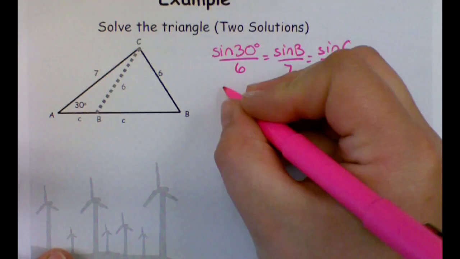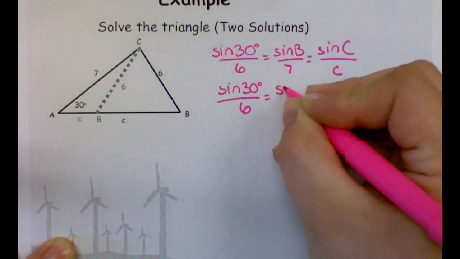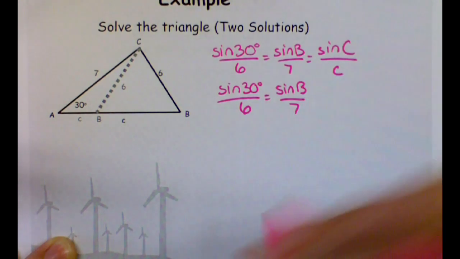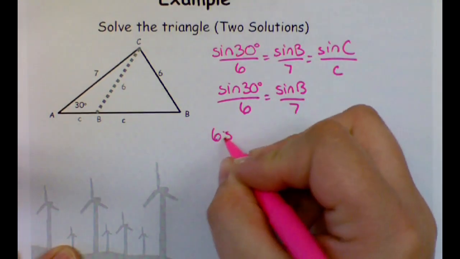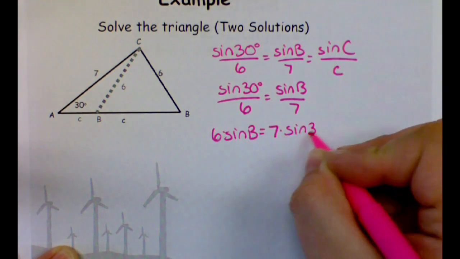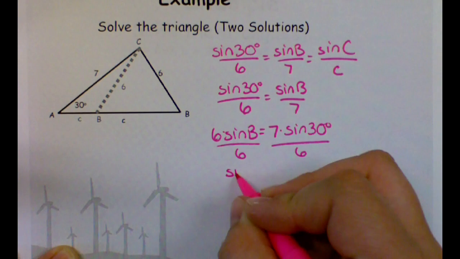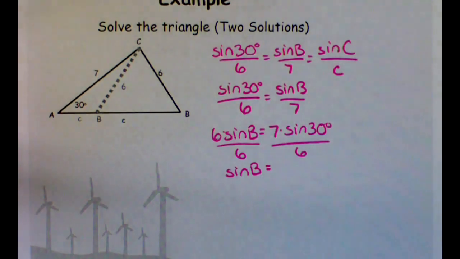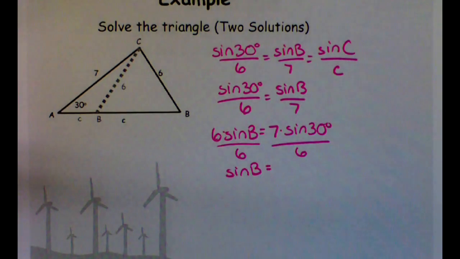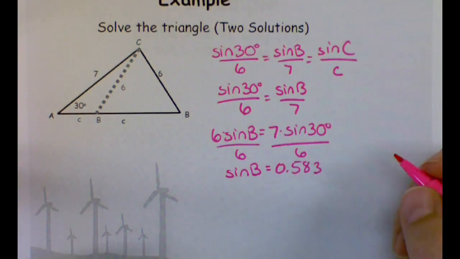So I take the sine of 30 degrees over 6 equals the sine of B over 7, cross multiply, 6 times the sine of B equals 7 times the sine of 30, divide by 6. I get the sine of B is equal to about 0.583 repeating.